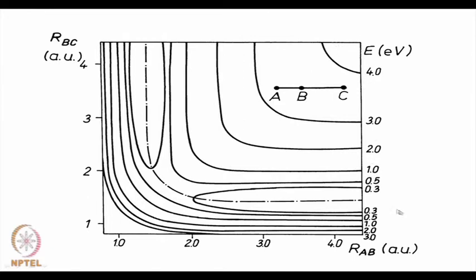This line joins the minimum energy points. Here it is more, it is still more. So, it is basically a valley along this diagonal.